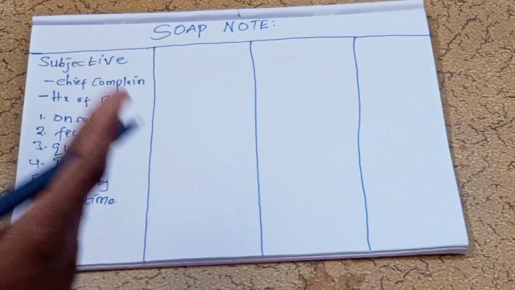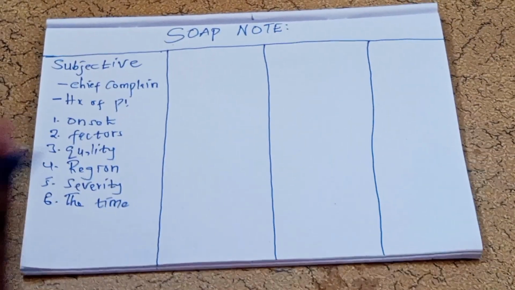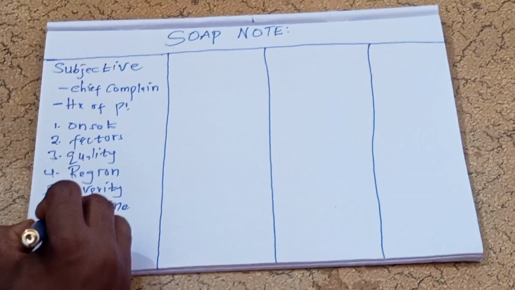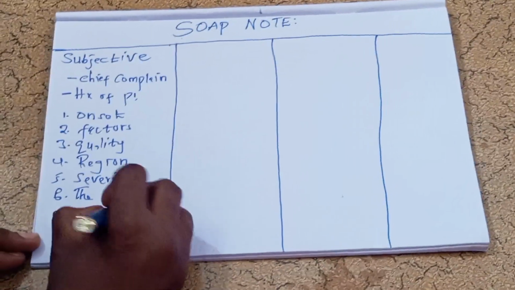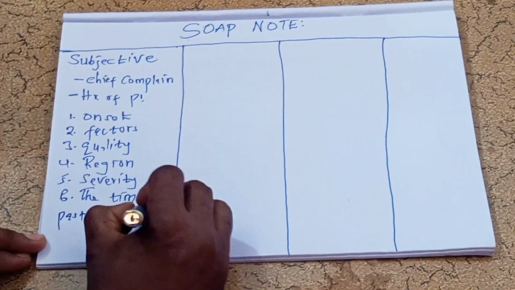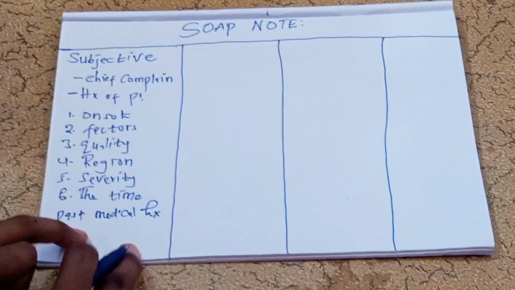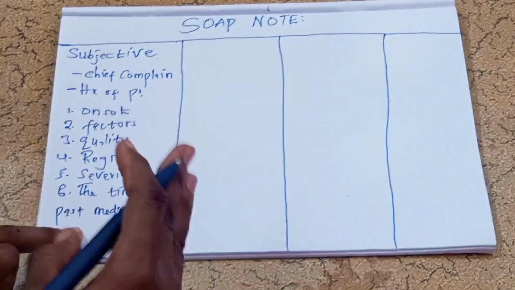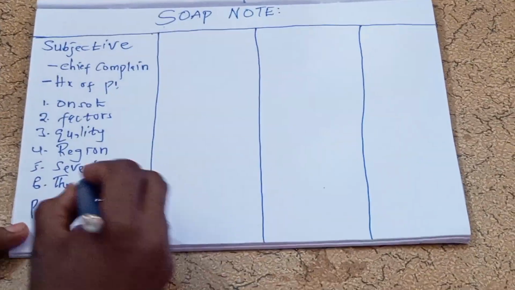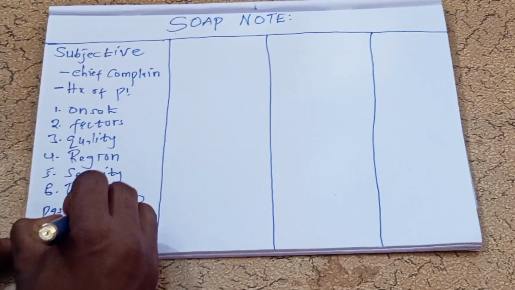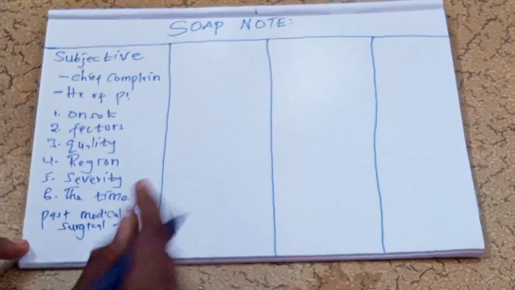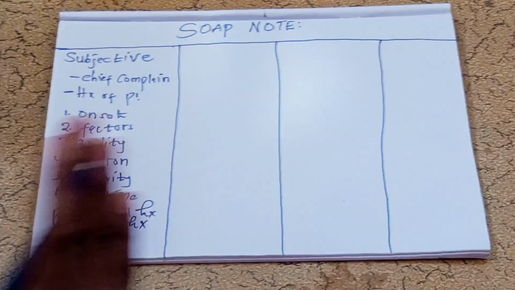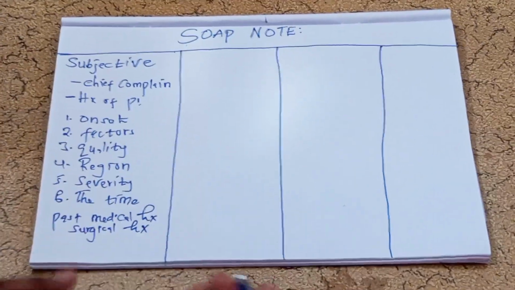So in the subjective section, you must also identify past medical history or maybe surgical history.